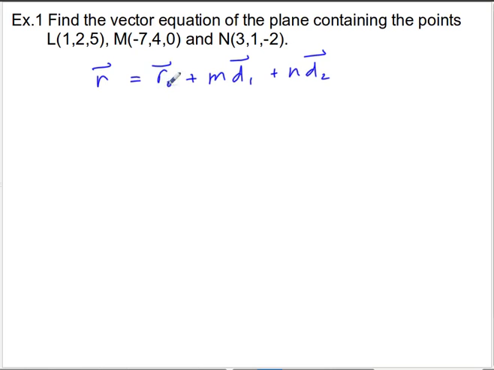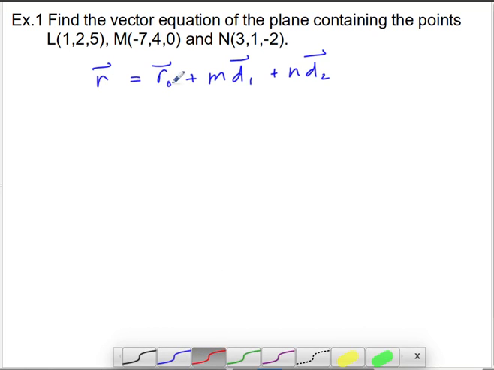So what are the choices? My initial position vector, in this case, I actually have a few choices. My initial position vector points to one of the points on the plane. It is the position of one of the points on the plane.